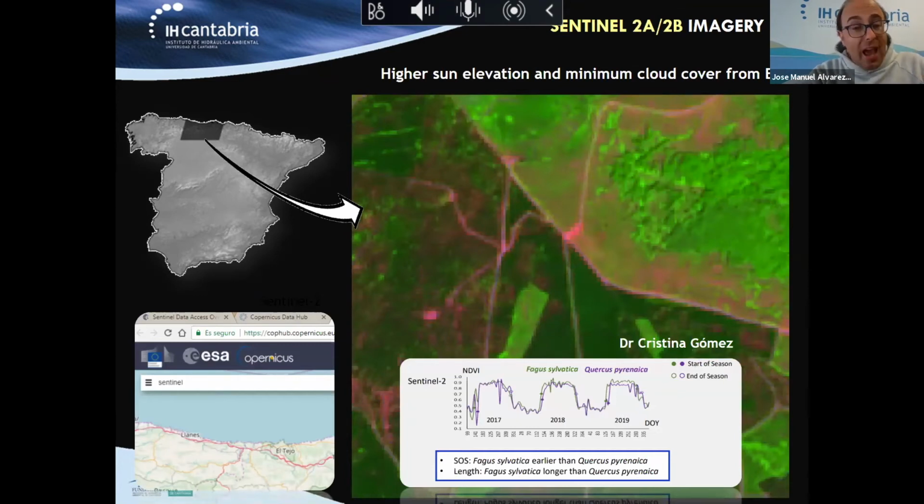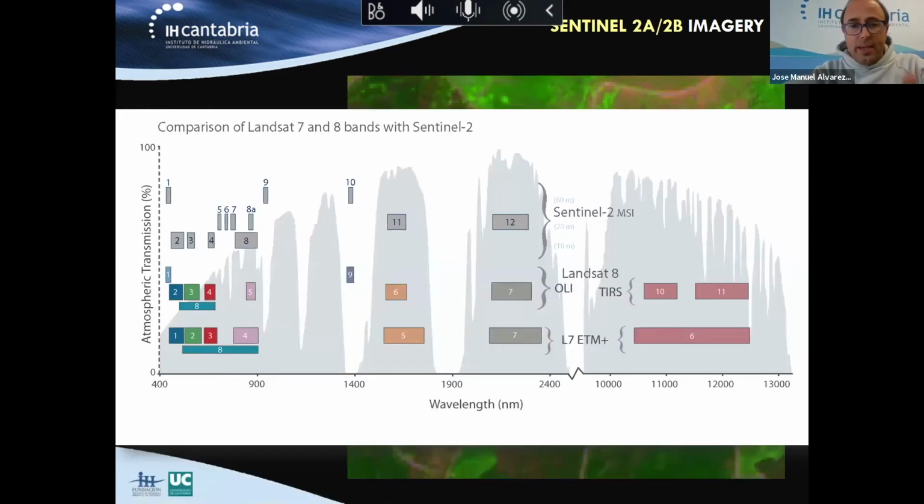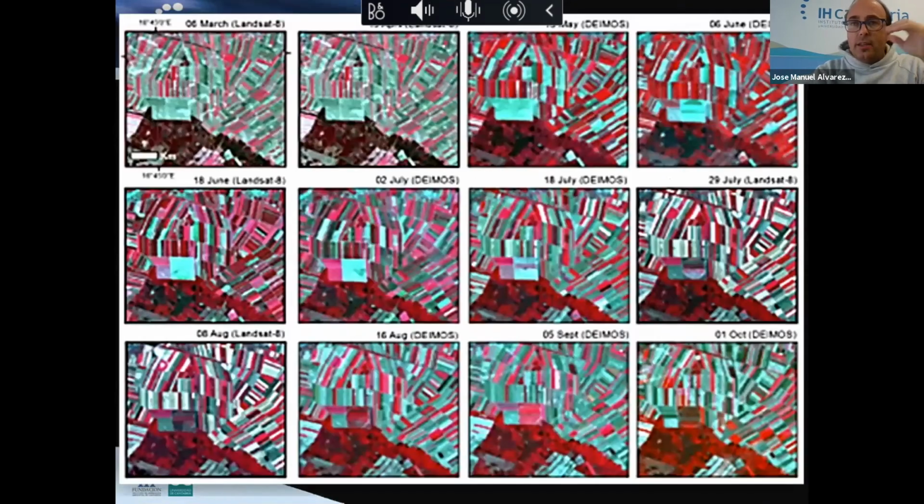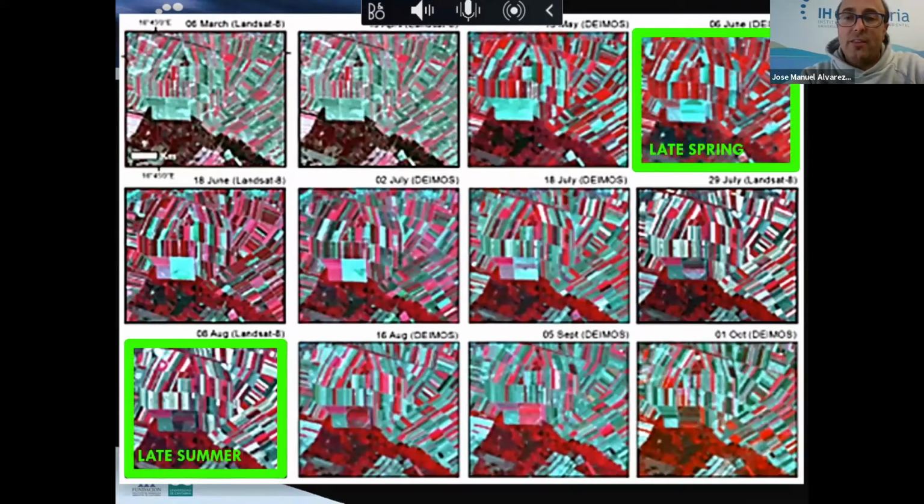You have information every 5 days, although that information can have clouds. Landsat and Sentinel differ not only in spectral but also in temporal resolution. So you can select information, for example from late spring and summer, to compare some indicators and identify whether you have one type of forest or another.